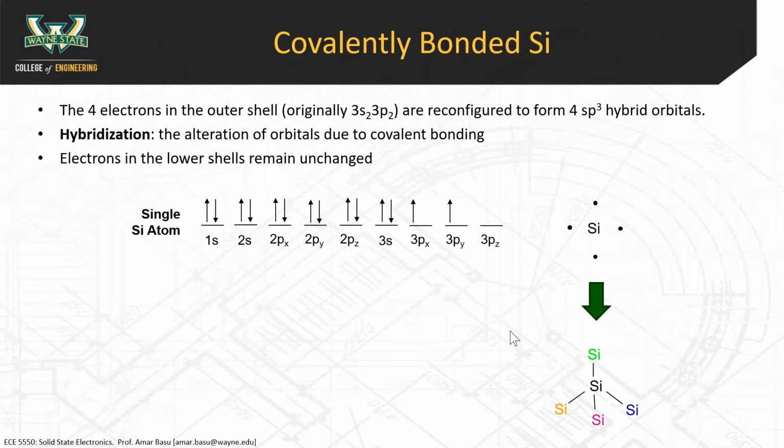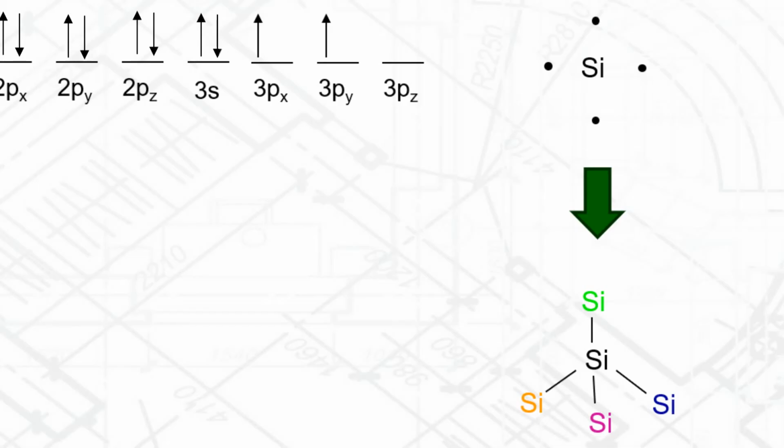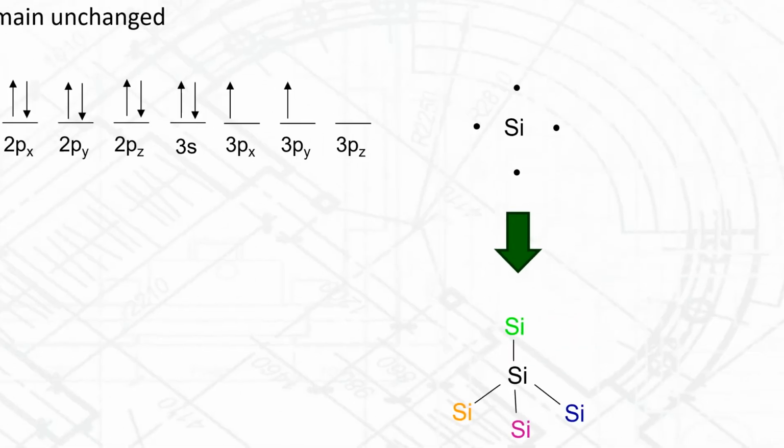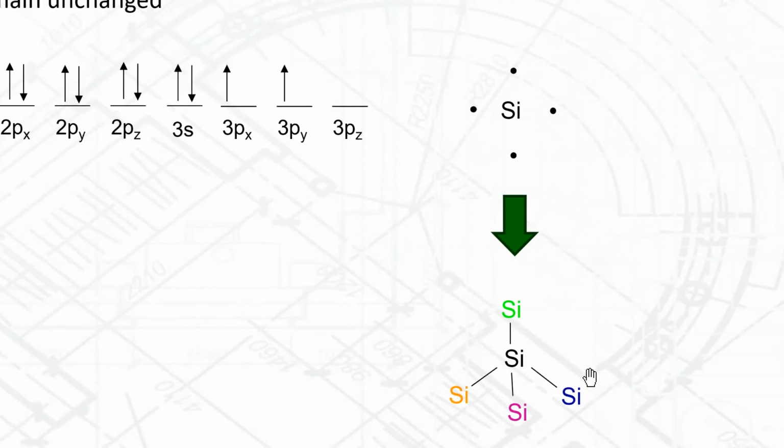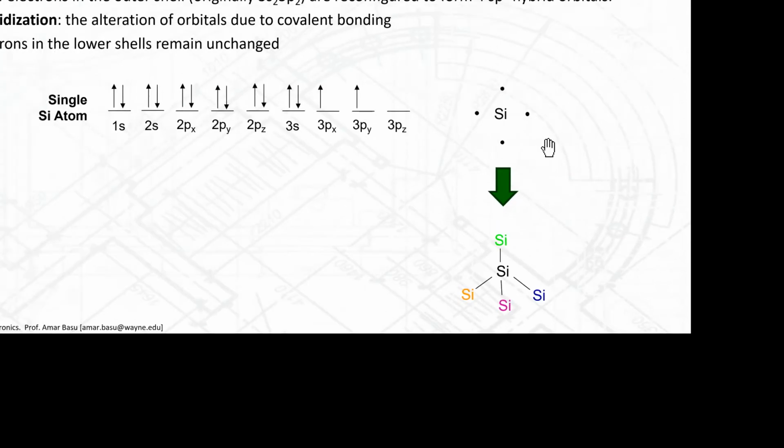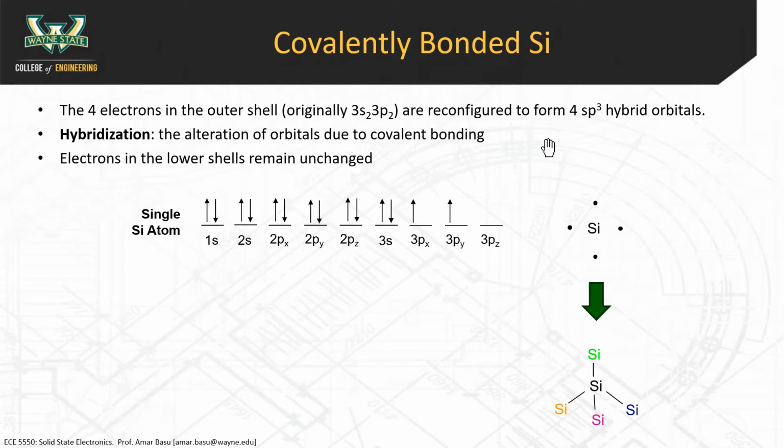We also talked about in module 0, when we talked about crystal lattices, that silicon forms bonds with 4 other silicon atoms around it. Each of the electrons around the silicon atom forms a bond with the 4 other silicon atoms around it.